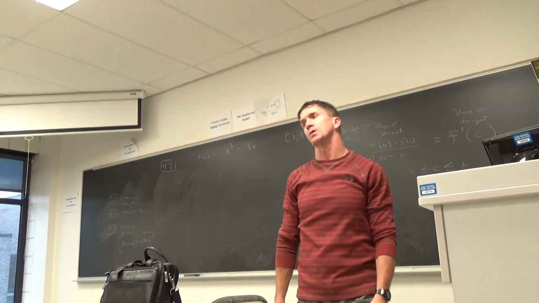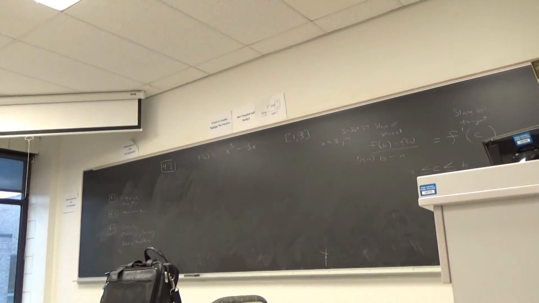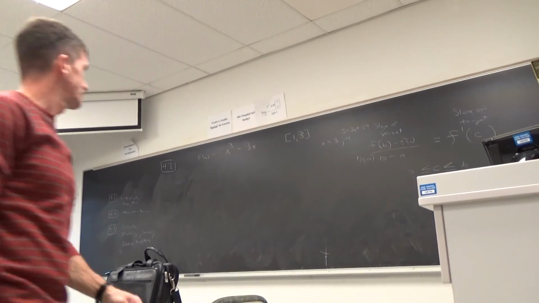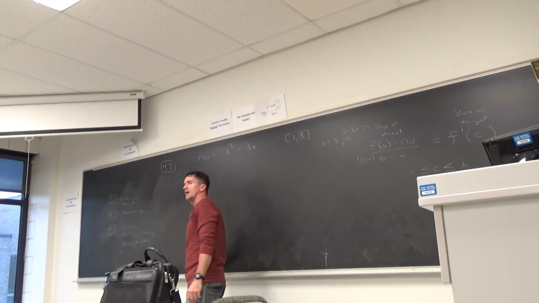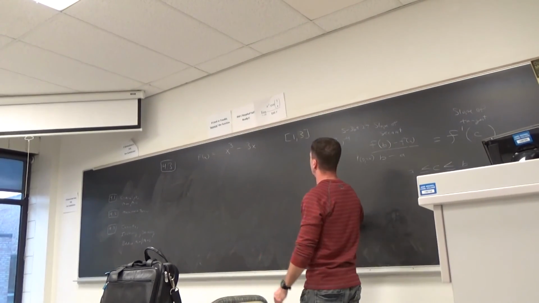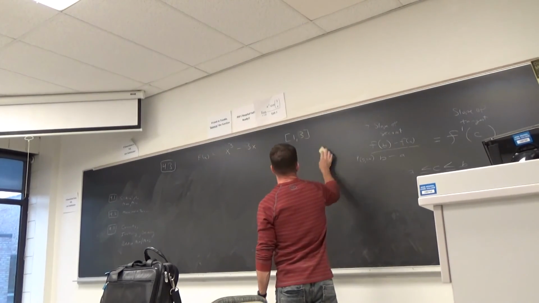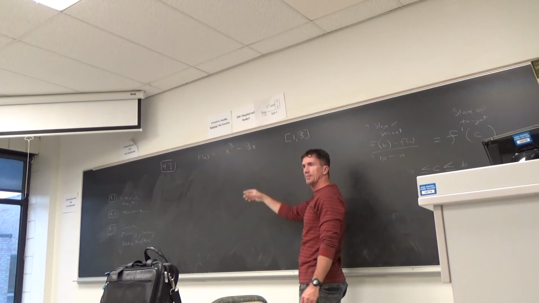Let's start talking about words like where the function's increasing, where the function's decreasing, and where the function's concave up and concave down. All these new terms. Define concavity, and make sure everyone understands this whole thing. And we'll work through that problem.